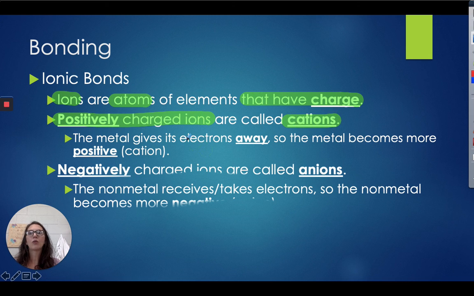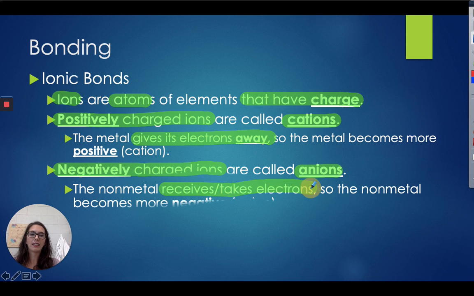And these are when they give an electron away, and so they become positive. Whereas negatively charged ions, we call those anions, okay? And that just kind of sounds negative. So anions, and they actually receive or take electrons, so they become negatively charged.